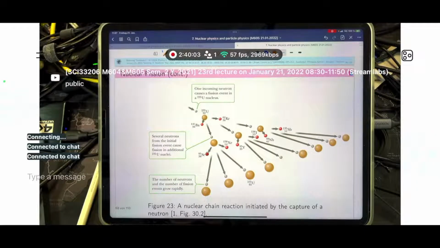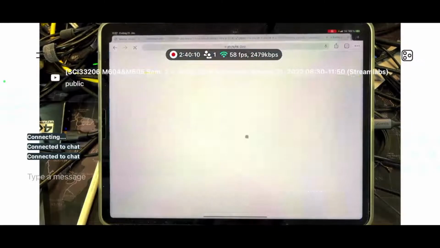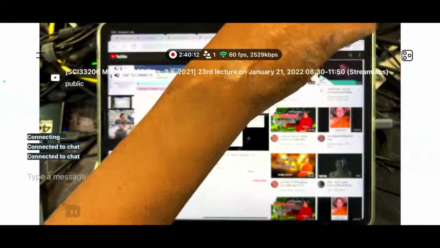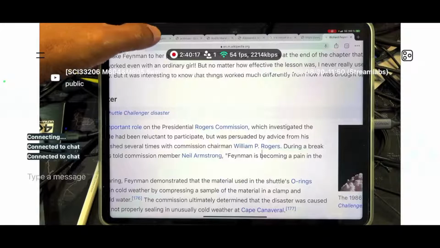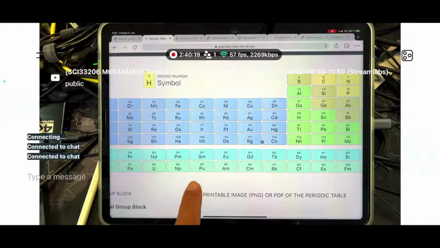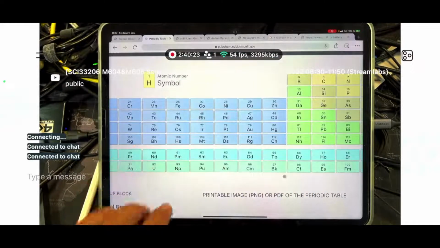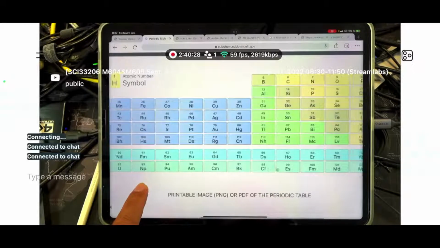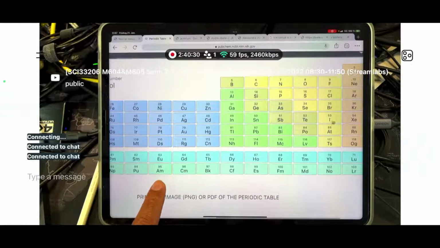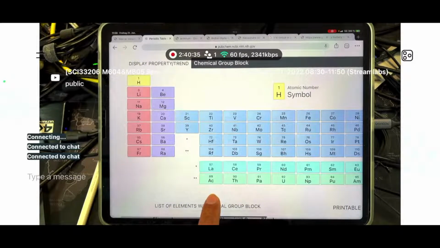For example, Sr and Xe, 95. What is Sr? Any of you who know Sr?